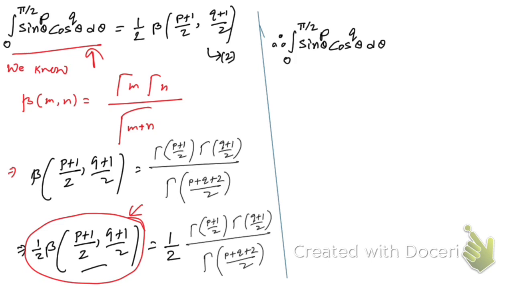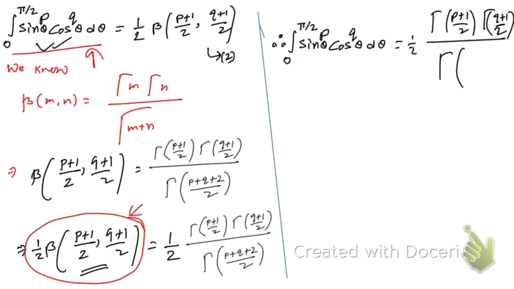So from 2 we can replace this by this value, and on the right hand side we have got half, then gamma function of (p plus 1) by 2, then gamma of (q plus 1) by 2, divided by gamma function of (p plus q plus 2) divided by 2. So this is in the form of gamma function.